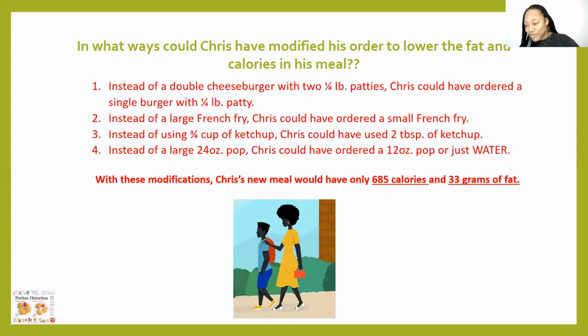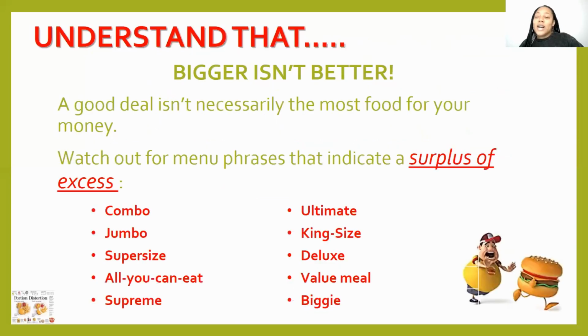Okay. All right. And so moving on, the point of this is that bigger isn't always better. A good deal isn't necessarily the most food for your money. We want to make sure that we're being mindful of the phrases on the menus that indicate a surplus of excess.